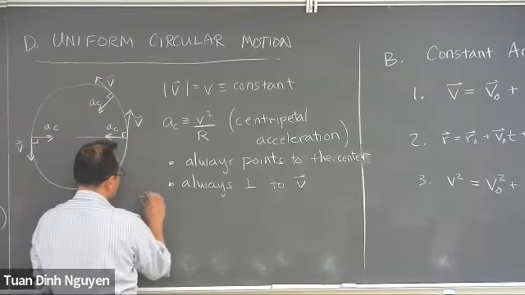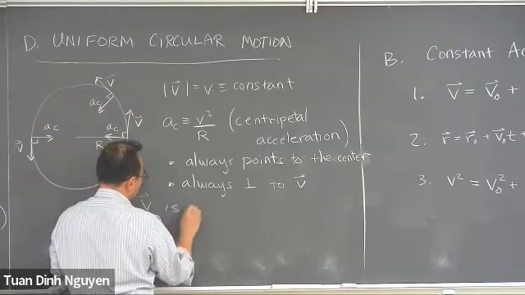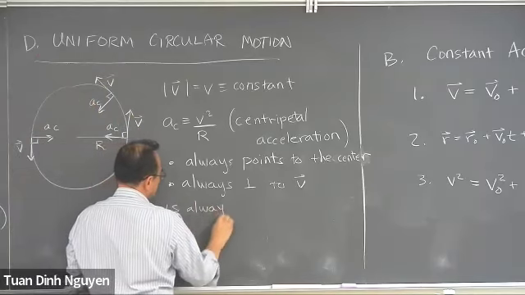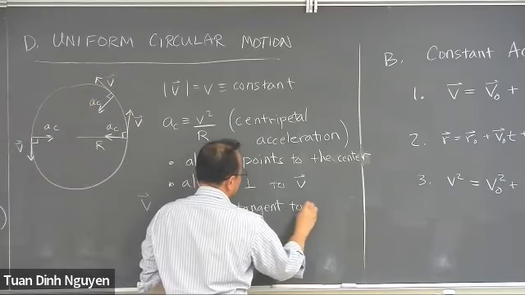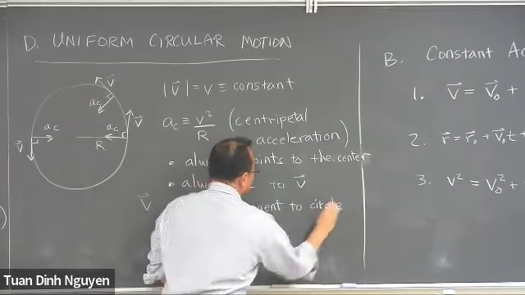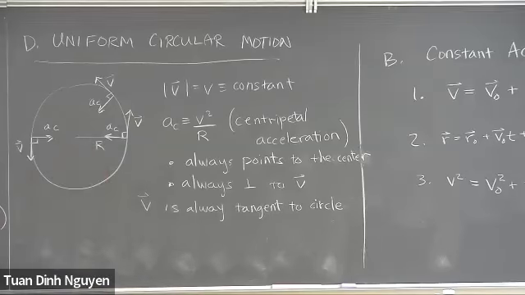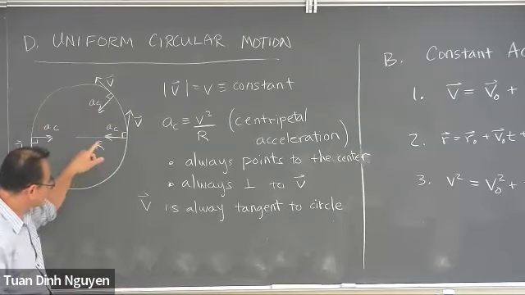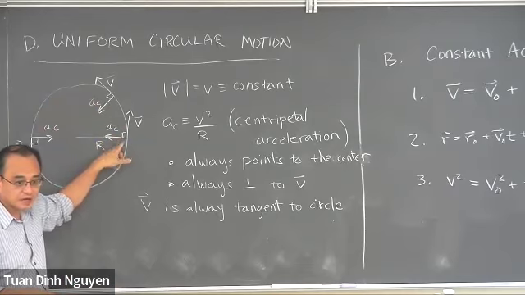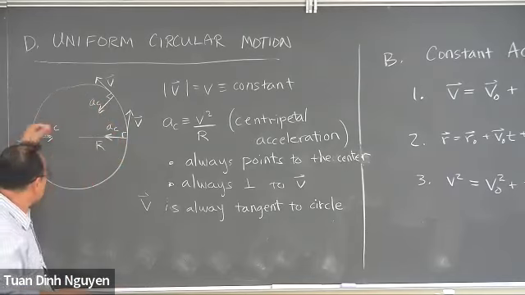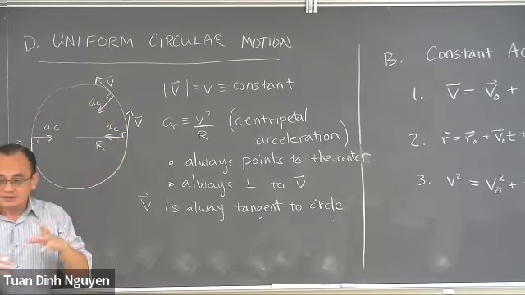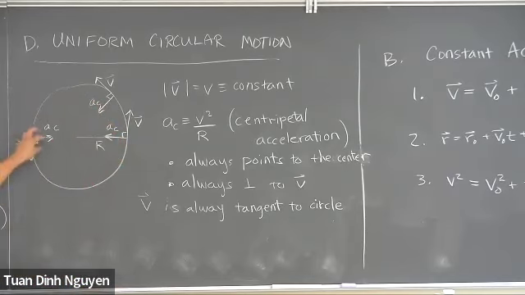So v is always tangent. If you're going to do a problem, what you want to do is choose a place, and they might not give you a picture, so you have to actually draw a circle, put the object anywhere you want, but once you put it there, you have to draw everything that corresponds to that place.